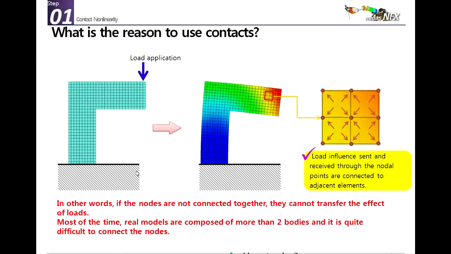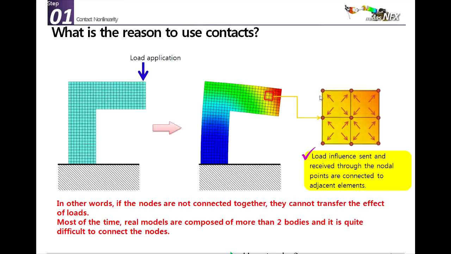So I'll present that. First of all, what is the reason to use nonlinear contacts? The main reason is that the way the load application is propagated inside the model is through the mesh.